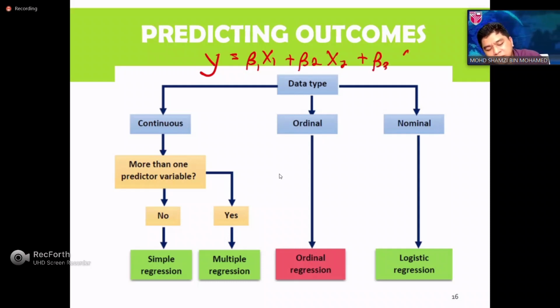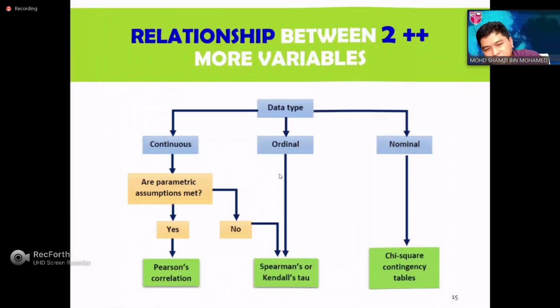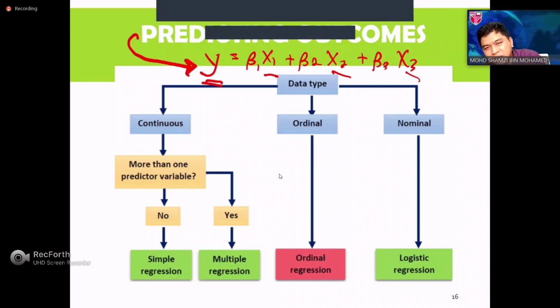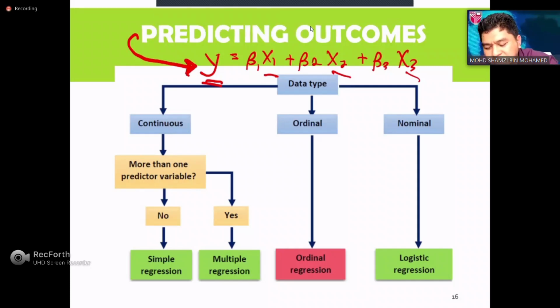So the changes in y is actually a function of changes in factor x1, factor x2, factor x3. So you try to predict what changes y by manipulating the x values, x1, x2, x3, and so on and so forth. So there are many x.